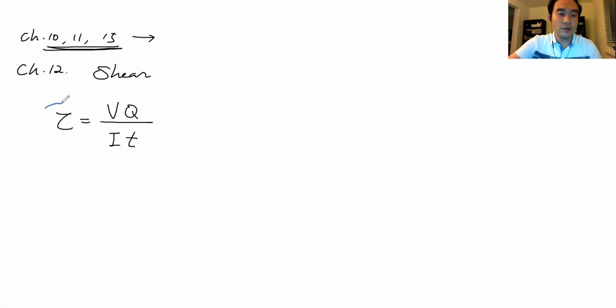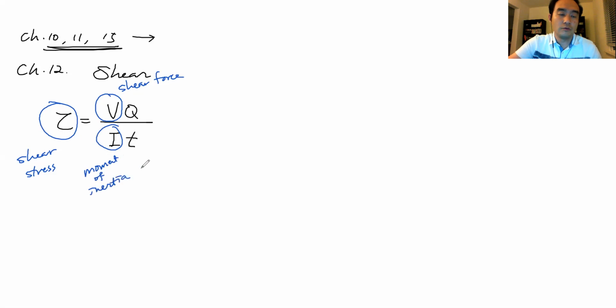So tau is the shear stress, and V is the shear force. So we can find the shear stress from the shear force. I is the moment of inertia, and we studied how to calculate the moment of inertia in statics, right?